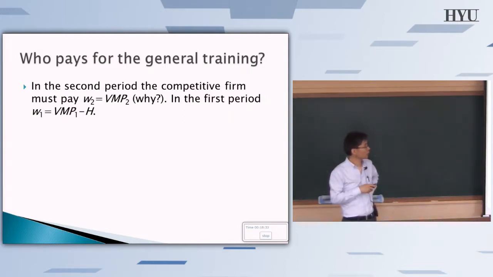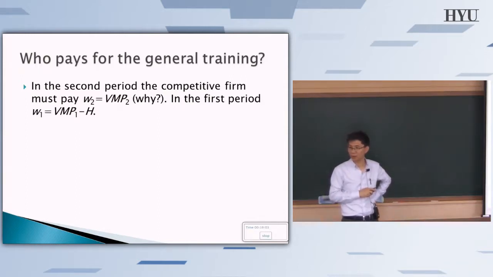Okay, think of general training. Let's think of a case where this individual got training. So this individual now has the productivity of VMP2, not only to the current firm, but to any firm. If the current employer pays less than VMP2 in the second period, what is likely to happen?